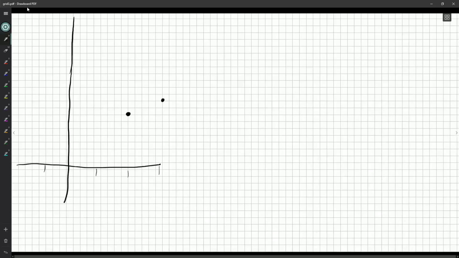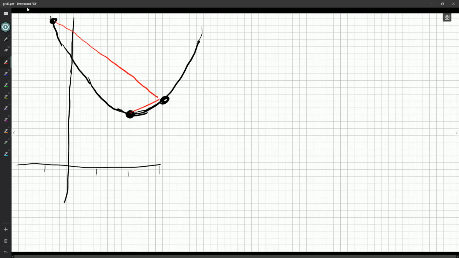So here for 6. And then all the way up here for 14. And making sure C is our vertex there.